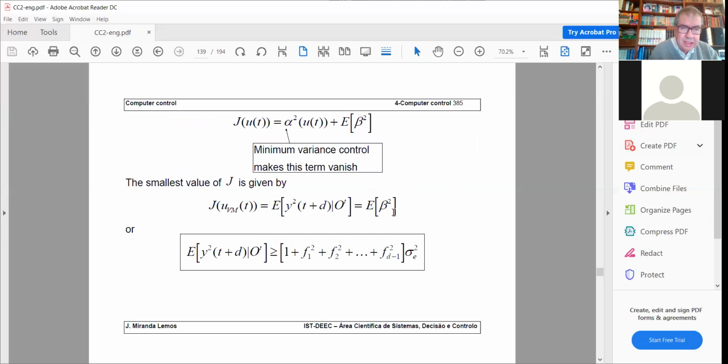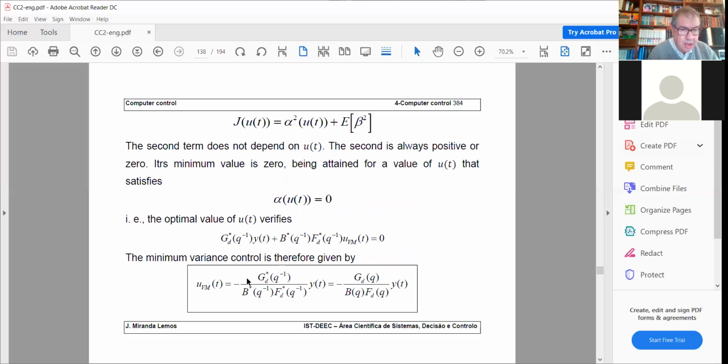The only thing that remains is the variance of e: e1 squared, e2 squared, e3 squared, and so on, multiplied by squares of F. So you can place sigma e squared in evidence, and this expected value of beta squared is the sum of the squares of the coefficients of the F polynomial multiplied by the variance of the noise, which is a number.